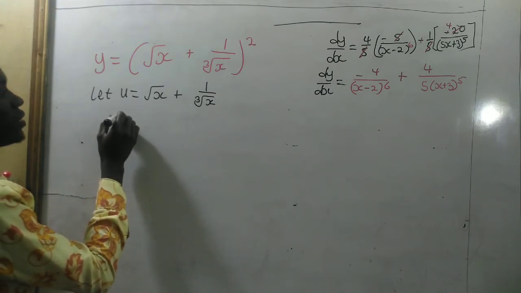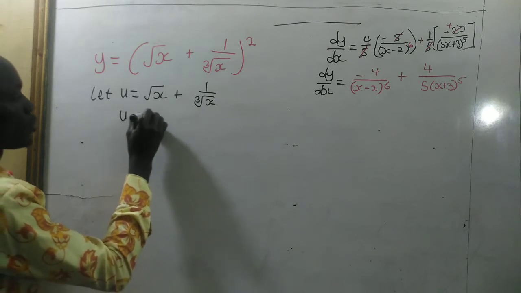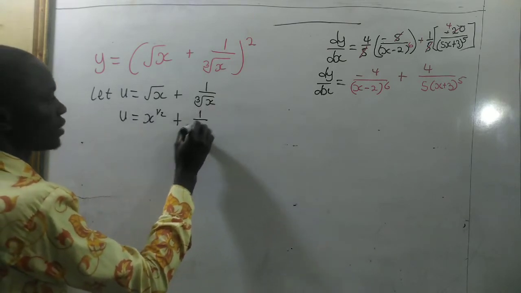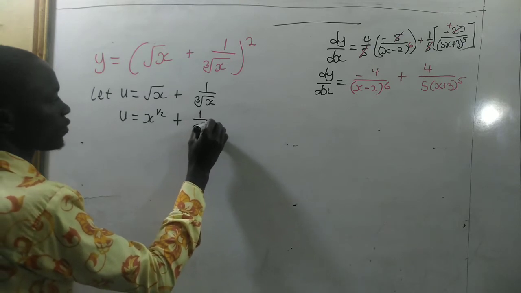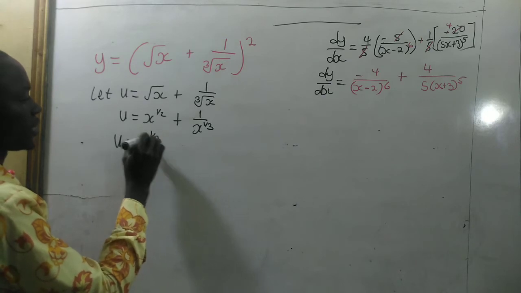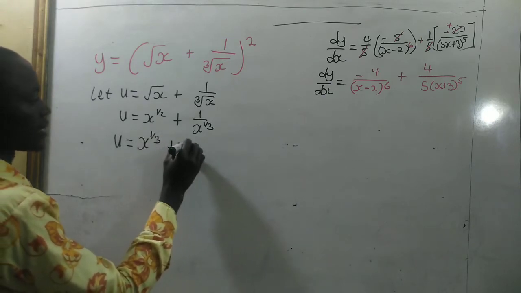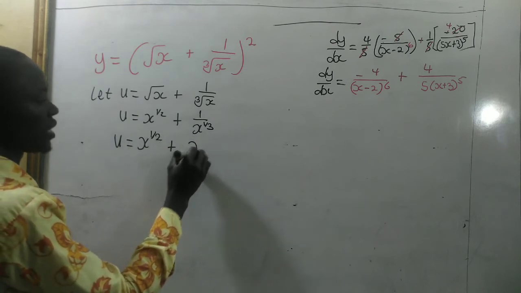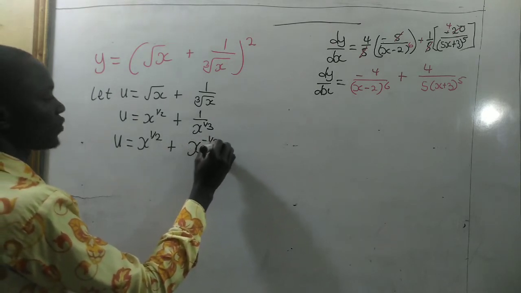So here, we write u to be equal to x to the power 1 out of 2 plus 1 divided by x to the power 1 out of 3. So u is equal to x to the power 1 out of 2 plus x to the power negative 1 out of 3.